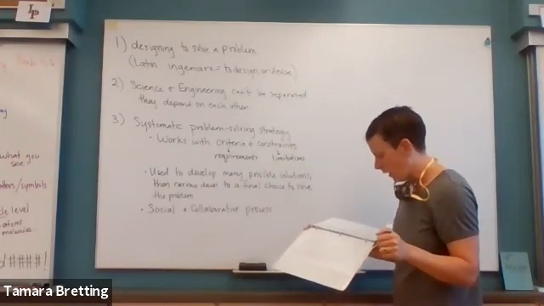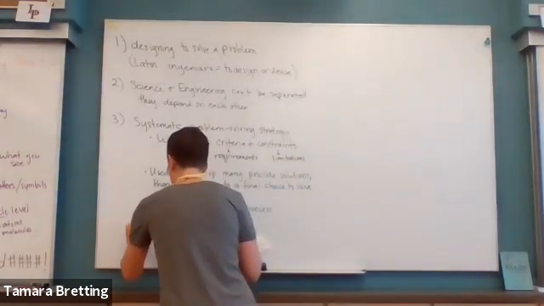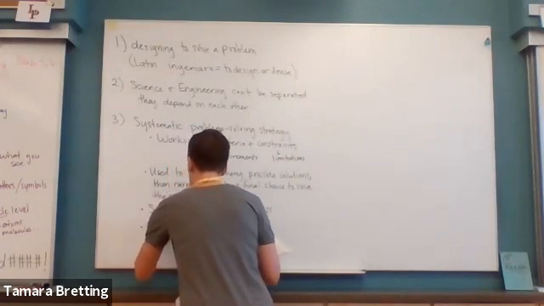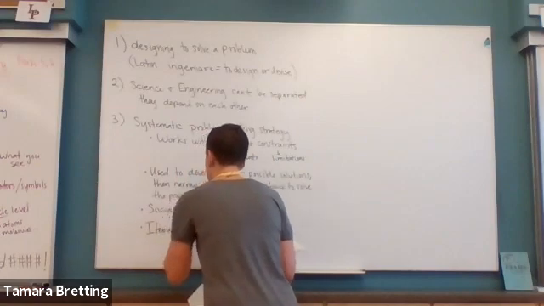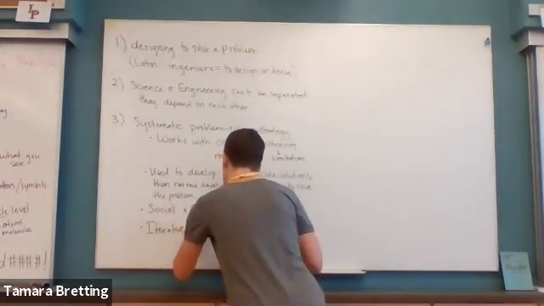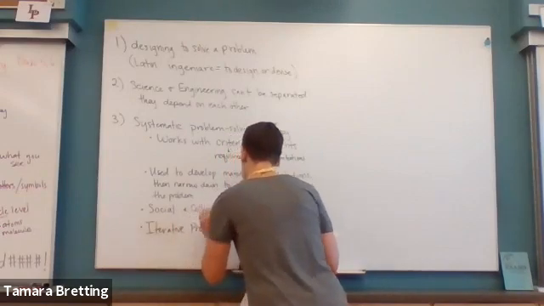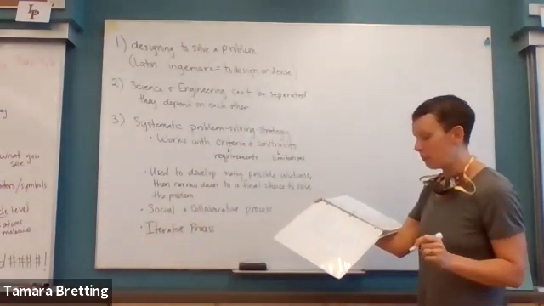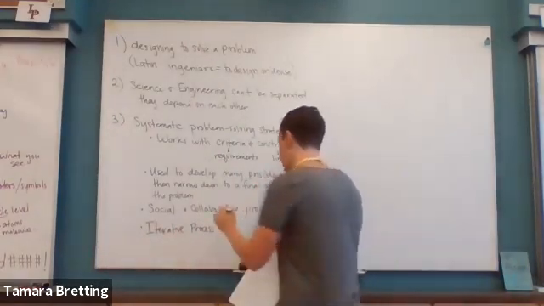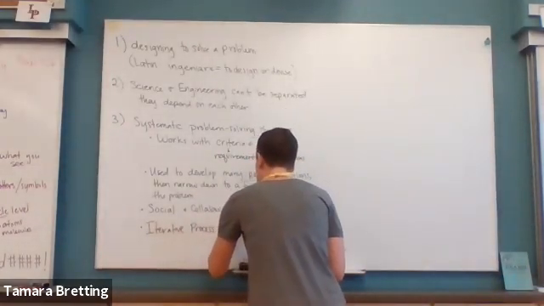Okay? All right, and then it is an iterative process. Now that might be a new word for you. Iterative process. It's repeated for improvement. It's modified and it's tested.